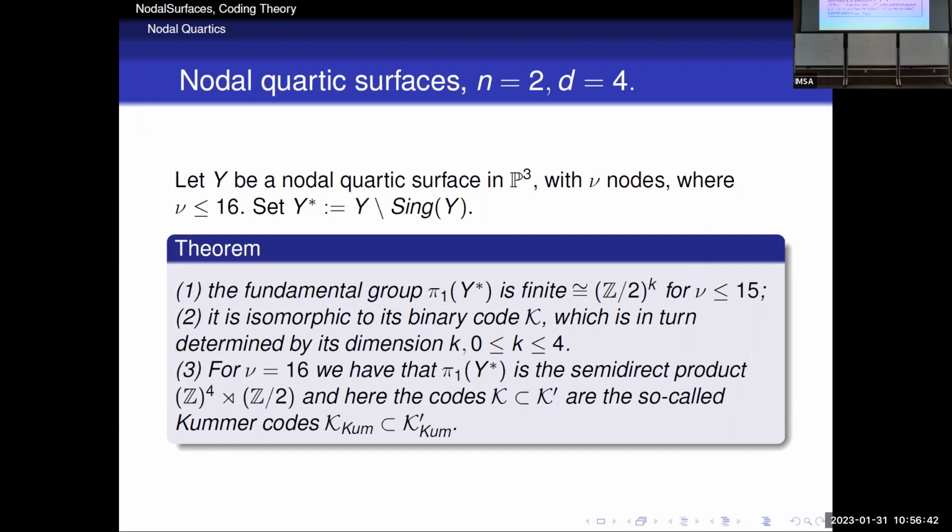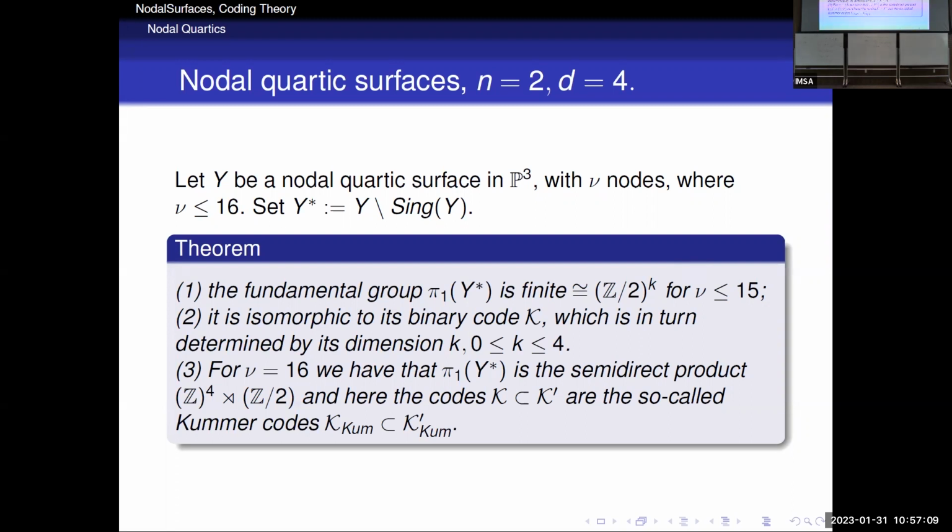So if Y is a nodal quartic surface with nu nodes, then we know that nu is at most 16, and I let Y star be the smooth part. And there is a theorem that the fundamental group of the smooth part is finite and is just Z/2 to the k in the case where nu is at most 16.